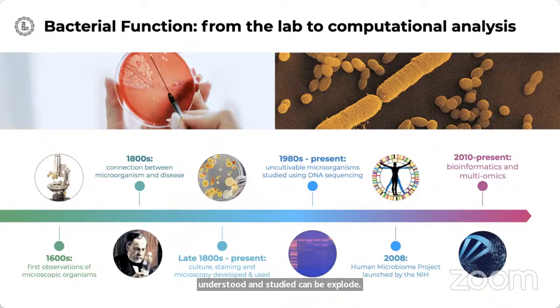Due to these advancements in metagenomic sequencing and several other collaborative omics technologies, enormous databases of sequencing data from such microbial communities are available. And this availability of so much data has led to the emergence of computational metagenomics, which can help us study 99% of the uncultivable microorganisms in context to their natural environment.